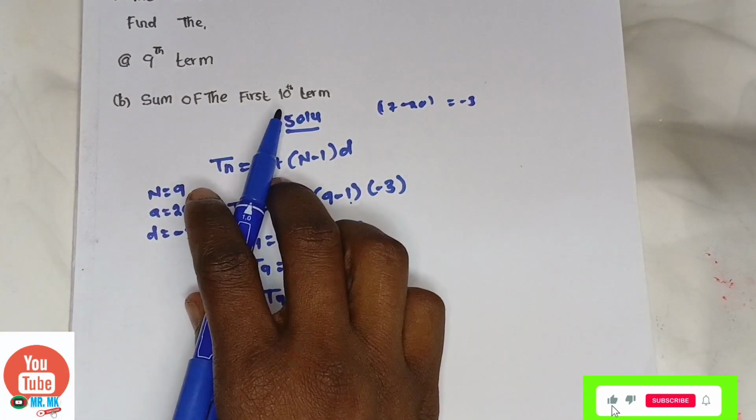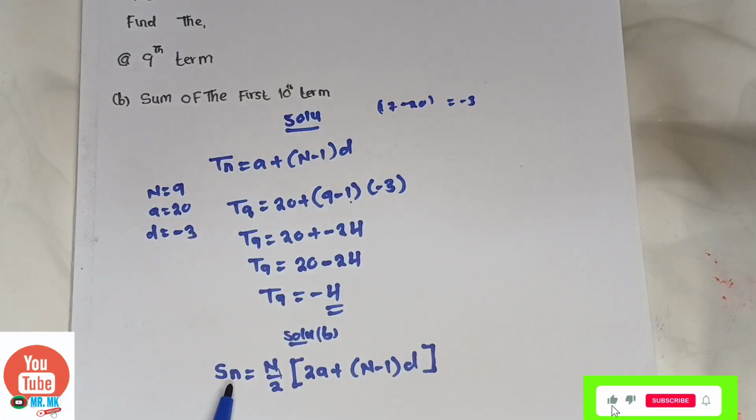For the sum of the first 10 terms, where we have n, the number of terms, we replace with 10.